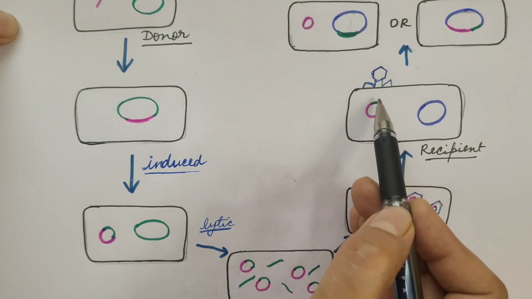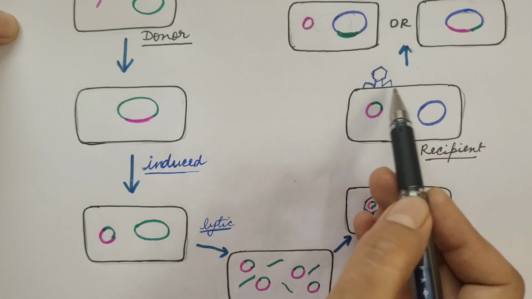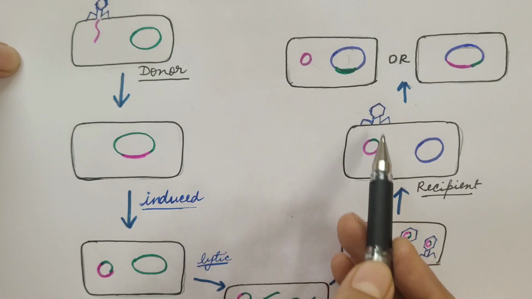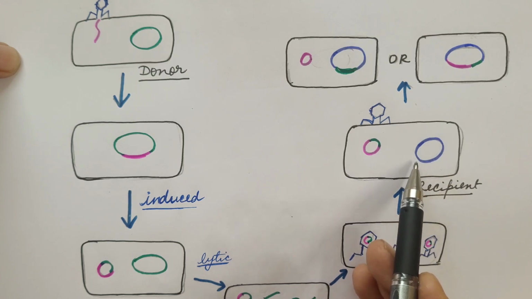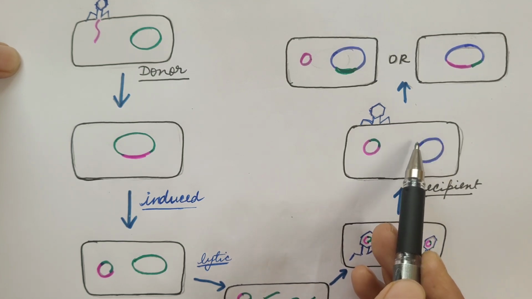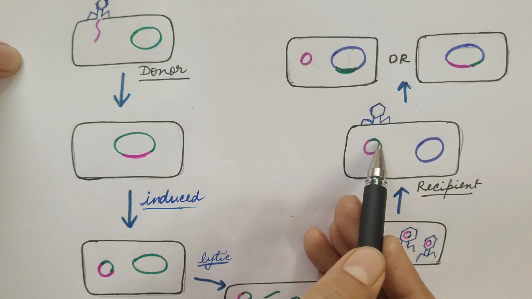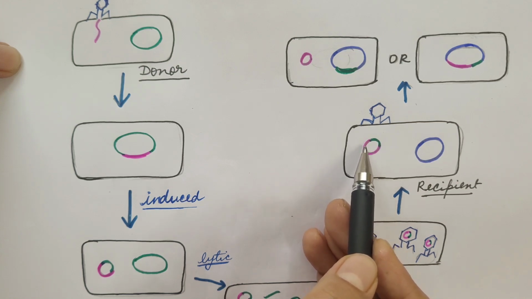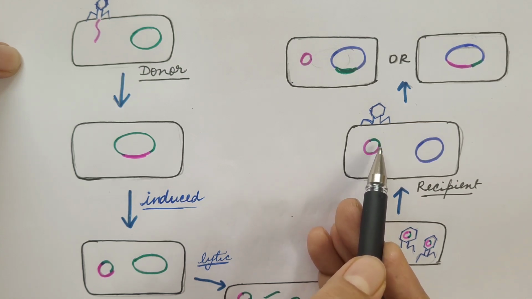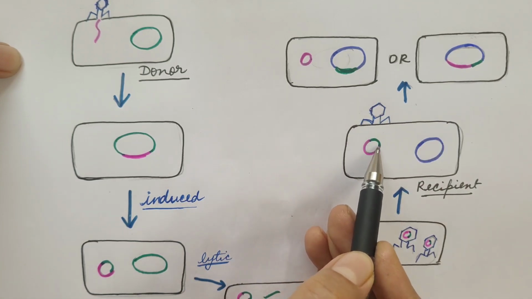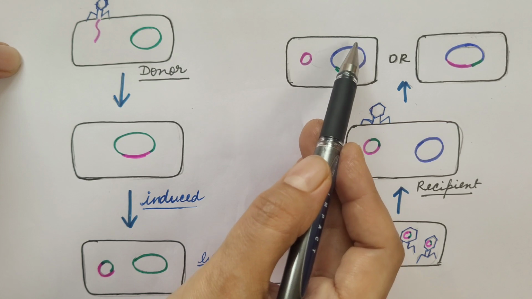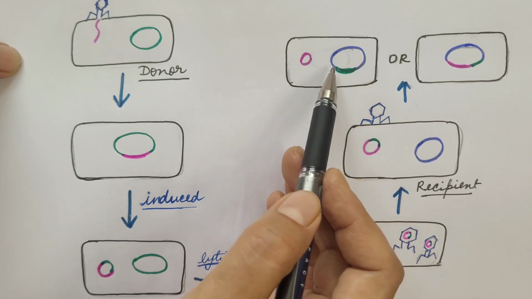It injects its genetic material into the recipient bacteria. Then this genetic material gets integrated with the recipient bacterial genome. Either the entire genetic material containing the phage genome and the donor bacterial genome gets integrated, or only the donor bacterial genome gets integrated with the recipient bacterial genome.